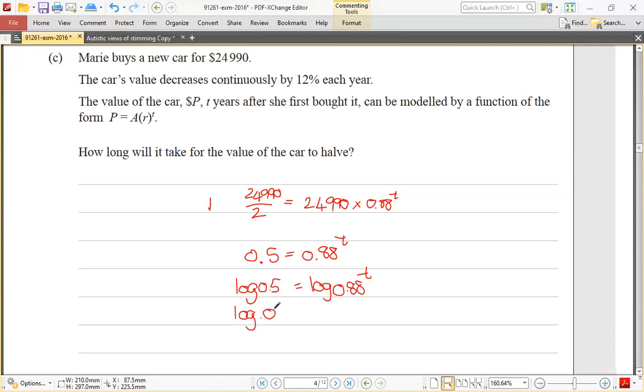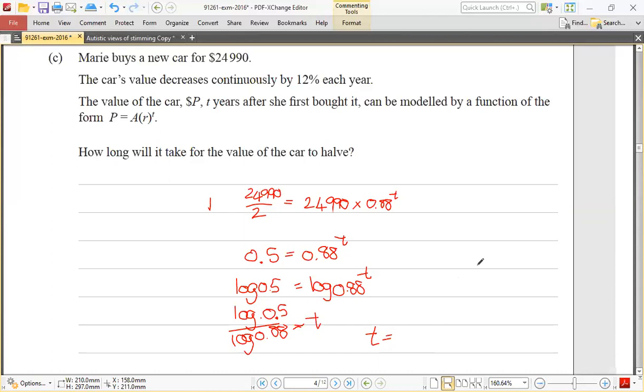So I'm going to end up with 0.5 divided by log 0.88 equals T. So what does T equal? 5.42.